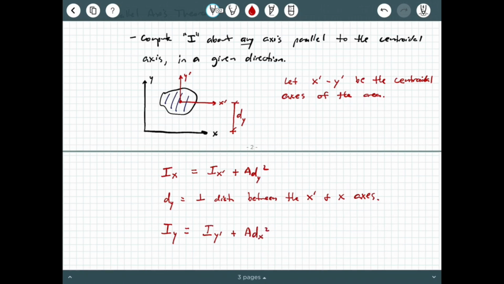And d sub x is this dimension right here. We can also, in a similar way, use the parallel axis theorem for the polar moment of inertia as well. So you can read more about that in the textbook. So that's what the parallel axis theorem allows us to do.